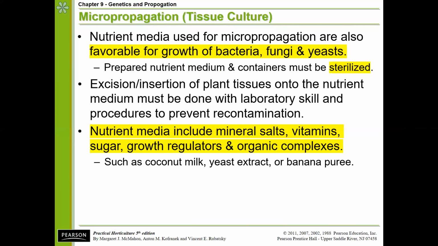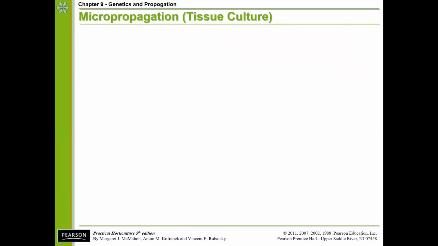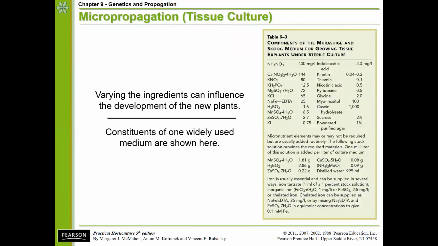Even banana puree is used to prepare these nutrient media. And they're often combined with a gelatinous, like agar type media, grown in containers. Right here, it's just for particular types of tissue culture, the different ingredients they use in the nutrient medium.